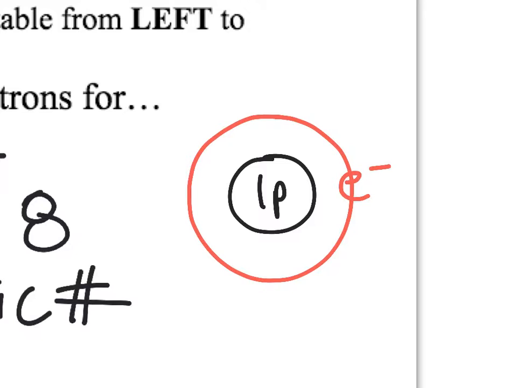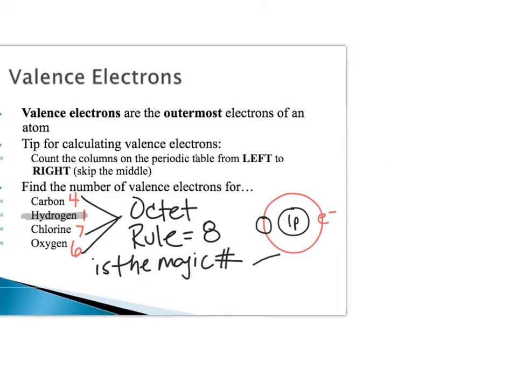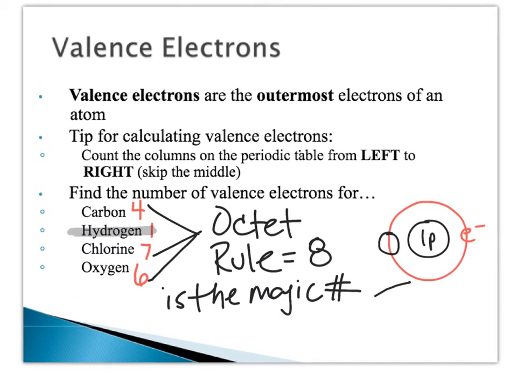It only has room for 1 more. It can't fit 8 in there, which is why 8 is not the magic number for hydrogen. 2 is going to be the magic number for hydrogen. So it's kind of like the exception to our rule. So that's how you figure out the number of valence electrons, and consequently, how many bonds your atom needs to make.